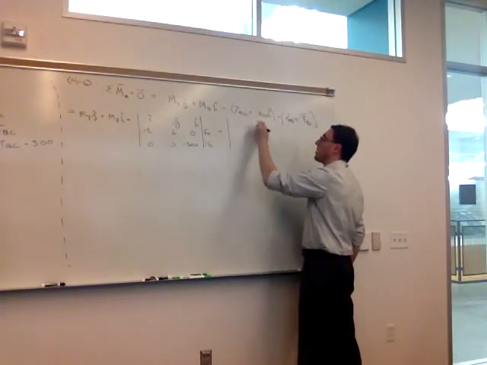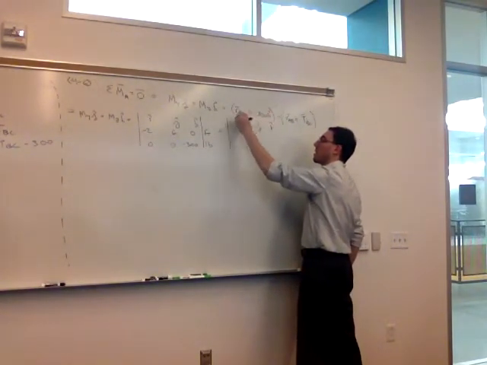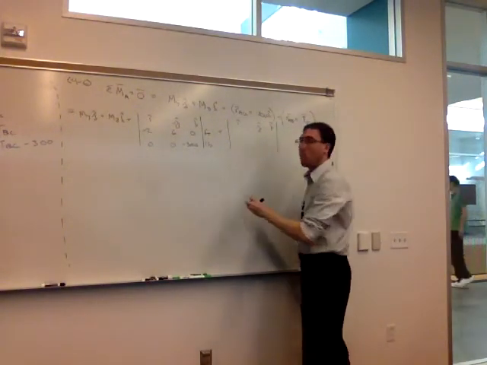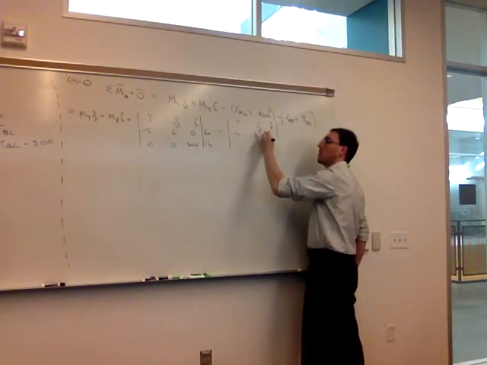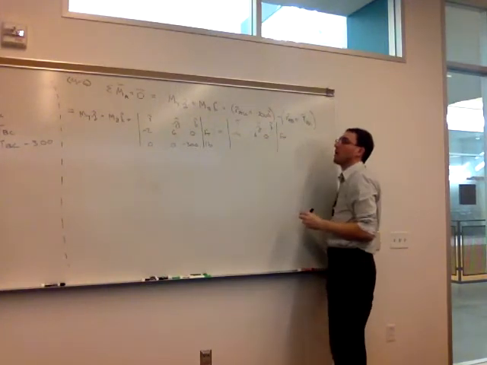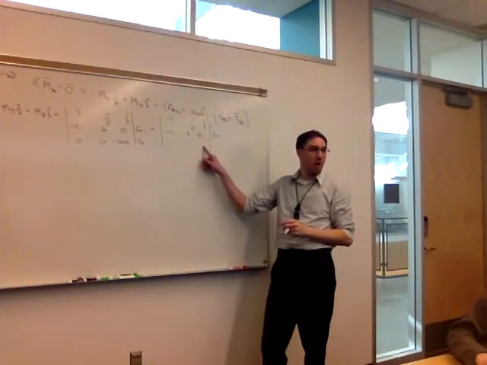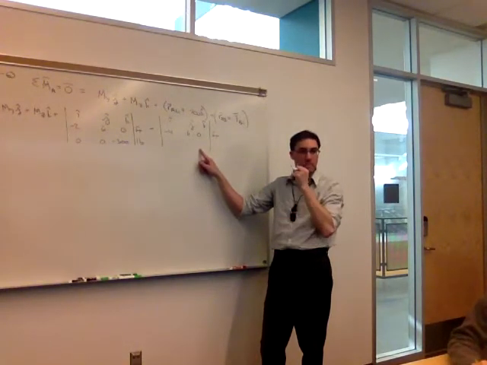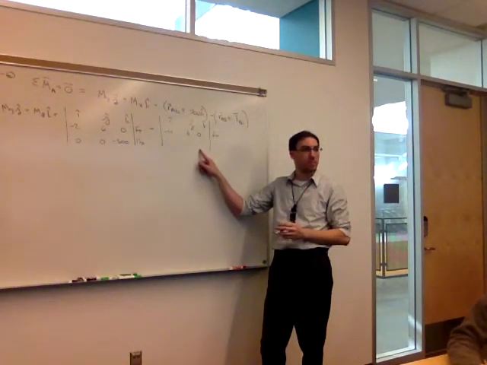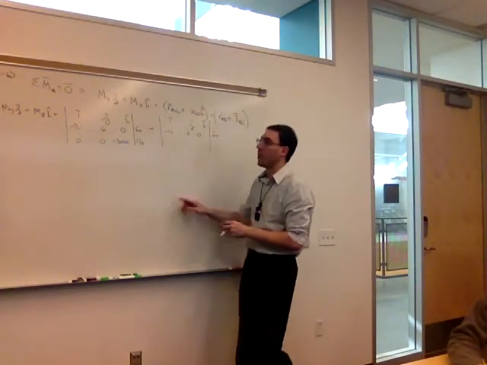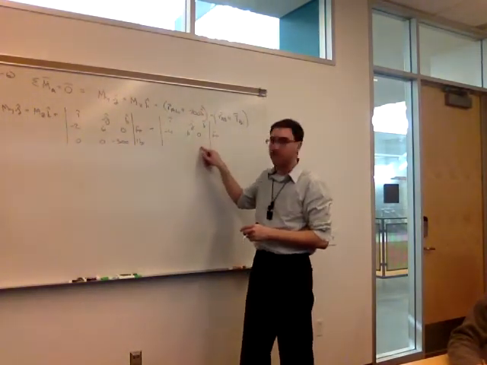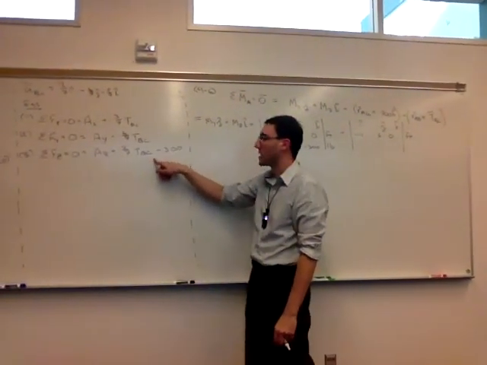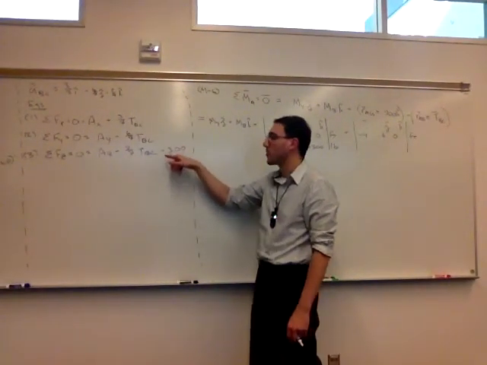RAB cross TBC. RAB is going to be negative 460 feet. And then how do we express this third row for TBC? Right, so these are where the components of TBC go. Sometimes in problems, we might know as a number what TBC is already. In this case, we do not.